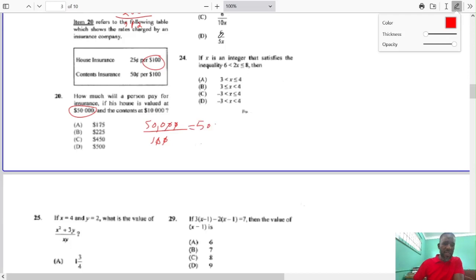Okay, so we know that there are 500 $100 in 50,000. So basically, if the insurance rate is 25 cents per $100, it means that we are going to multiply the 500 by 0.